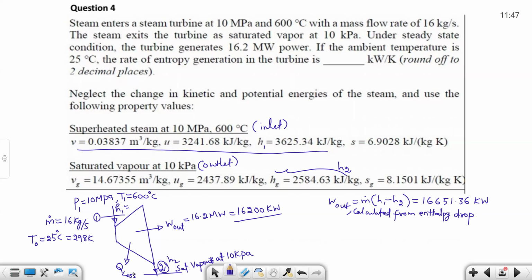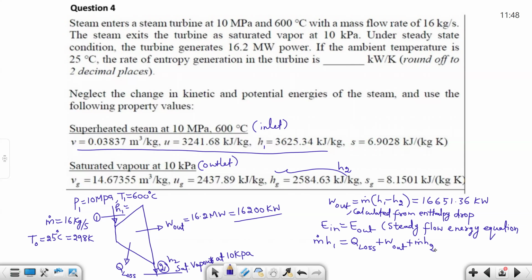Otherwise you can apply the steady flow energy equation, in equal to out. This is a steady flow energy equation. So energy in is m dot h1, kinetic and potential energy neglected, will be equal to Q loss plus work out plus m dot h2.